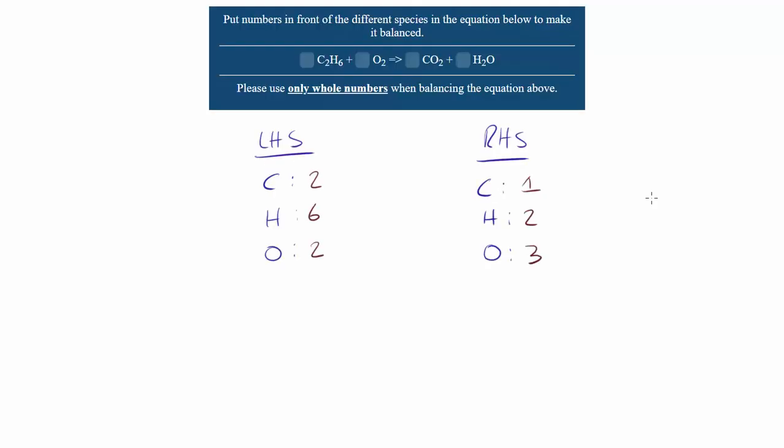If I do that, I'm going to draw out what the new equation is going to be. That's effectively going to be C₂H₆ plus O2 produces, and we now put the 2 as we just discussed, 2 CO2 plus H₂O.